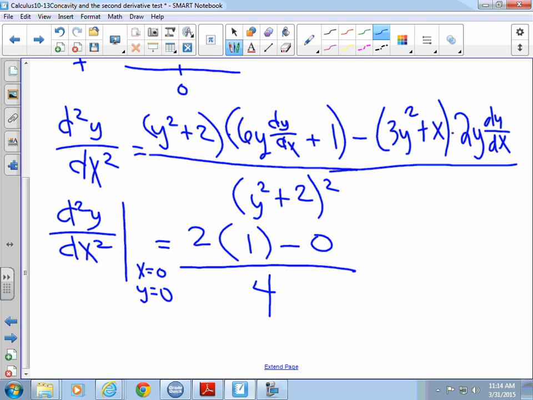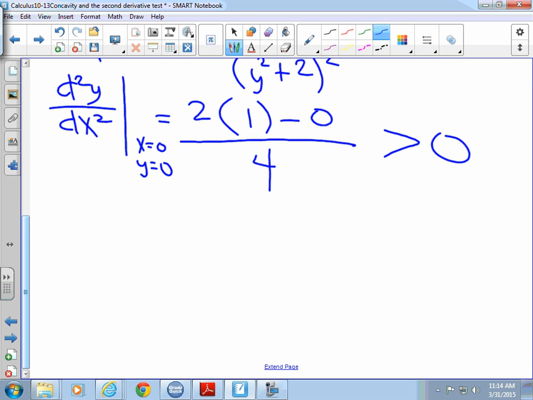So I get 2/4, which is 1/2. All I need to know is that that is positive. So that's greater than 0, which means it's concave up. Therefore, I have a relative minimum.